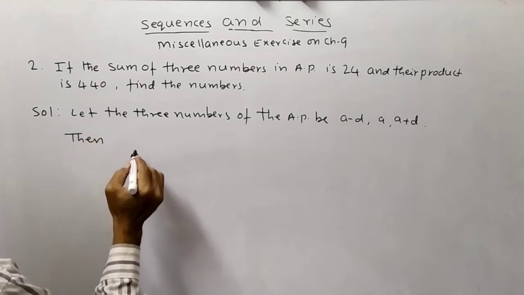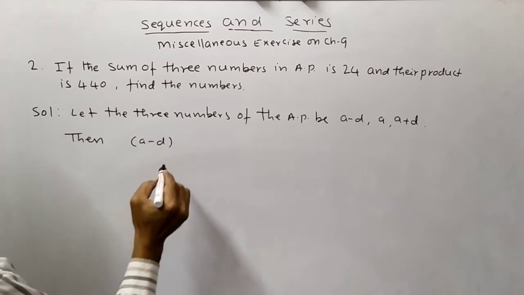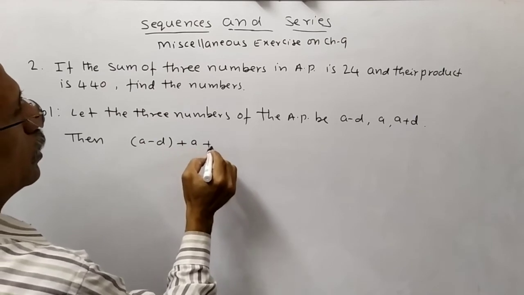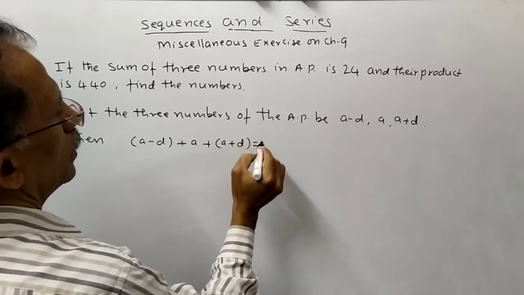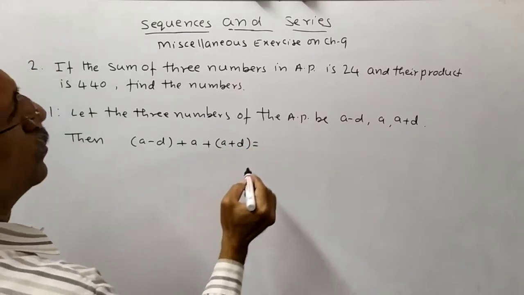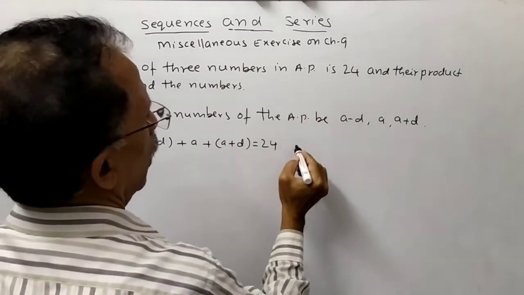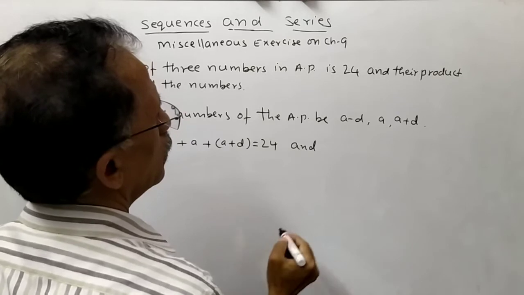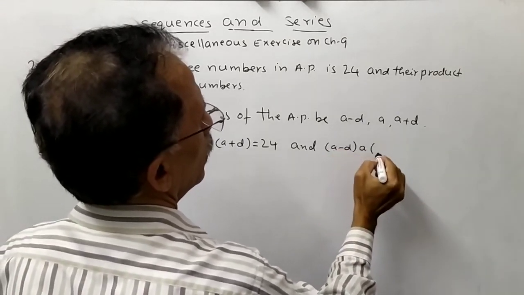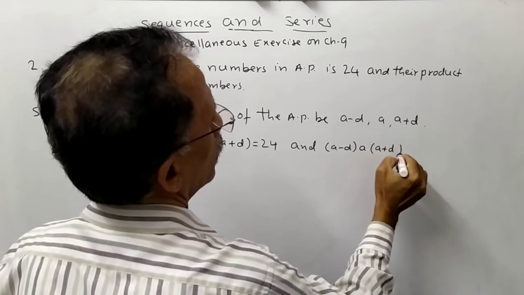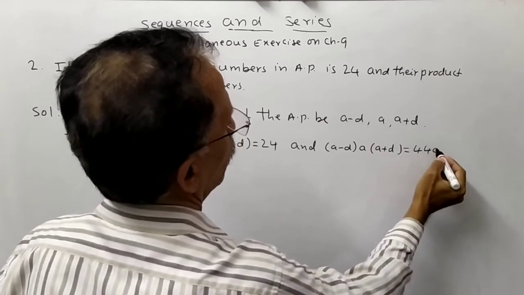Then A minus D plus A plus A plus D is equal to 24, and A minus D into A into A plus D is equal to 440.